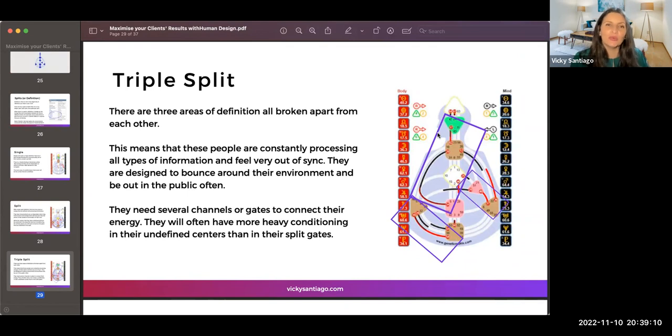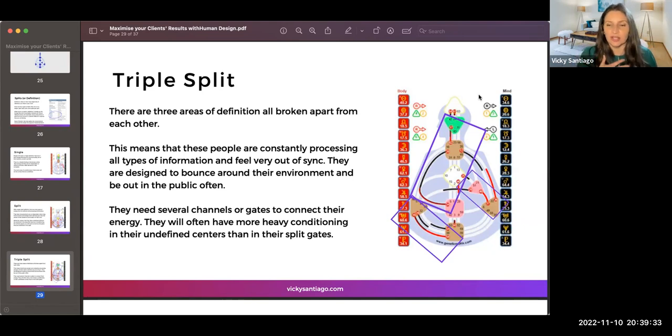Triple splits work well when they are out in the environment, out absorbing the energies of the people around them. So if you're working with somebody who's a triple split, maybe they have found somebody like I found Justine who completes them, but also they can also tap into this by being out and about.